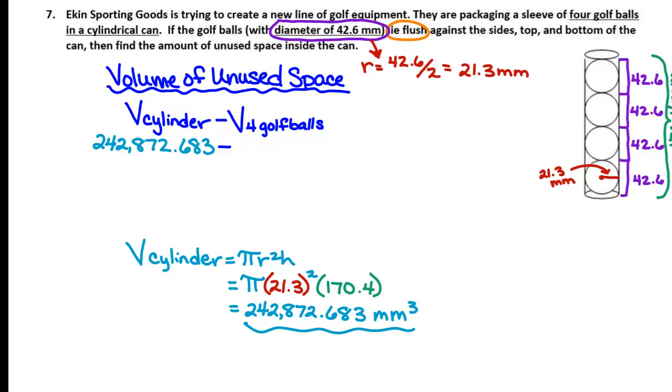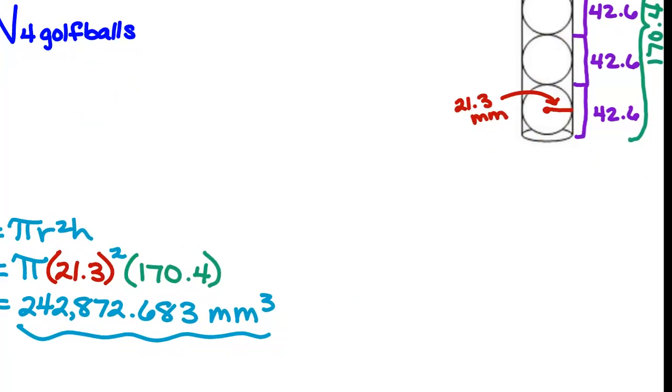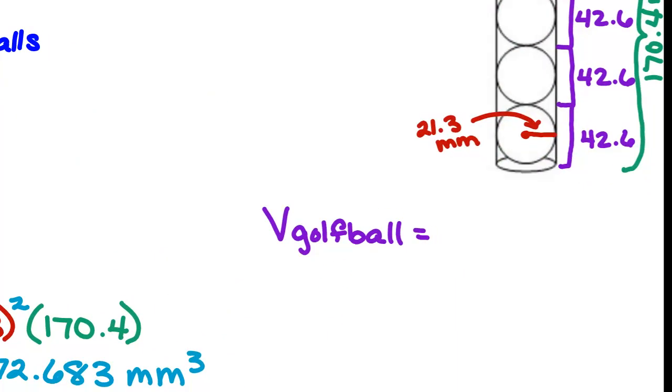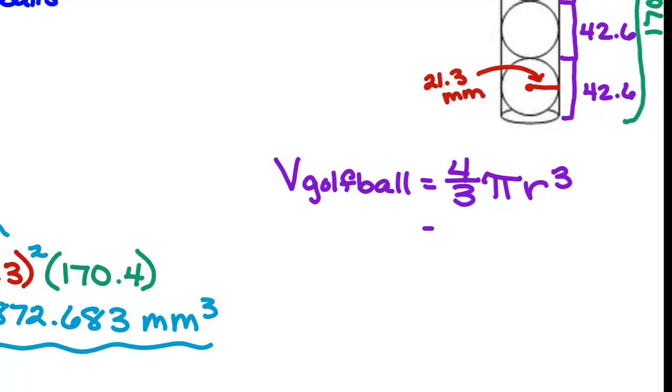Minus, now we need the volume for the 4 golf balls. We're going to do volume for 1 golf ball. How do we calculate the volume for a golf ball? Yes, 4/3 pi r cubed. So we only need 1 dimension to put in here, just the radius.